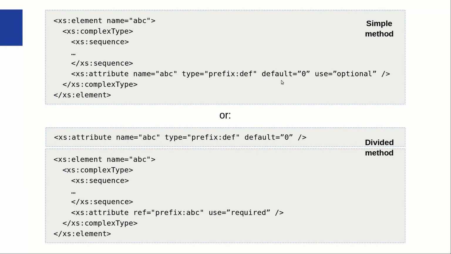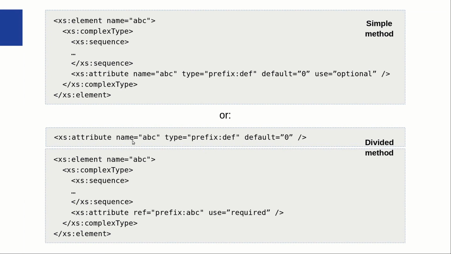Here you see that you can also use the default as well, and you can use the use attribute, which can be required, optional, or prohibited. So this is the inline declaration of an attribute inside a complex type of a complex element.